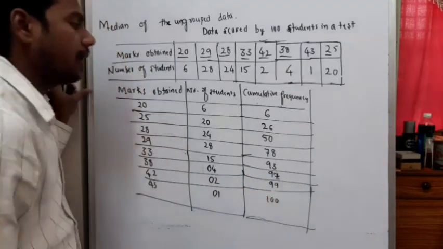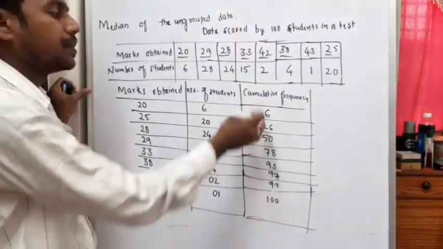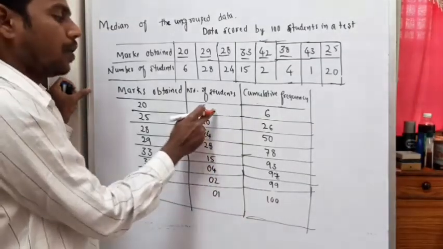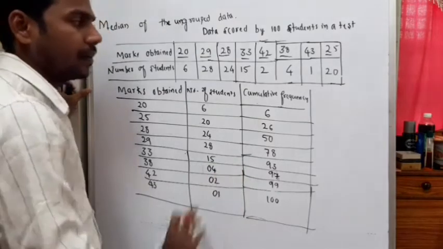This is how we are going to calculate. Cumulative frequency, how are you going to get it? Through successive addition: to the previous number, add the succeeding number. So this is the cumulative frequency.